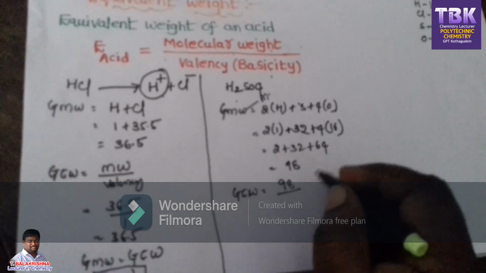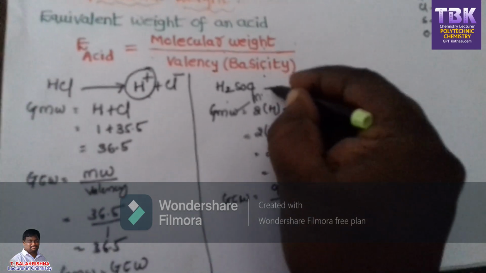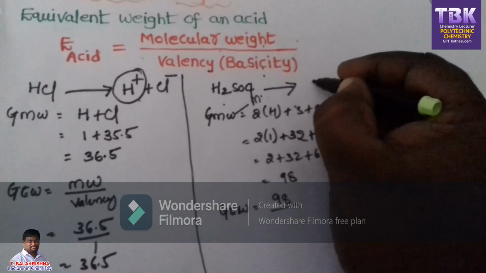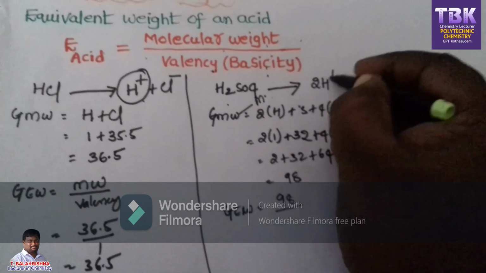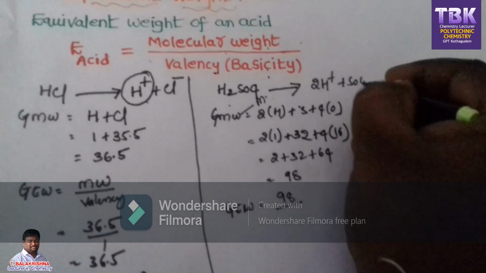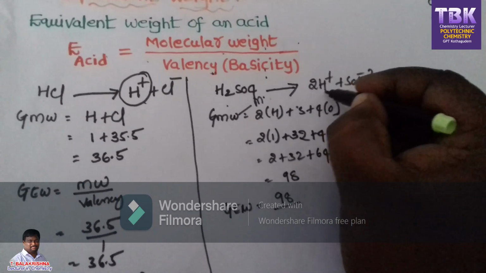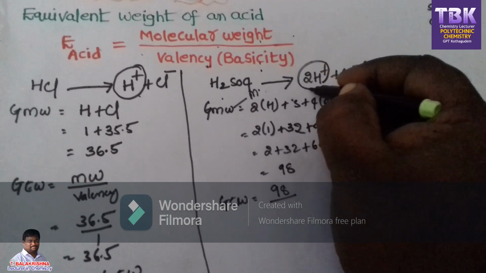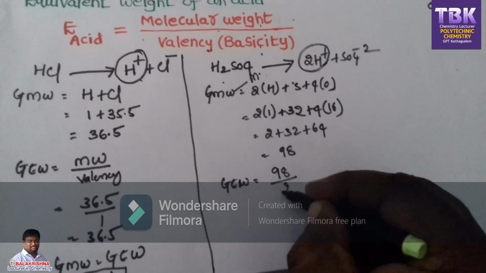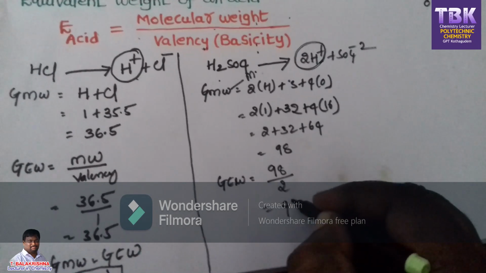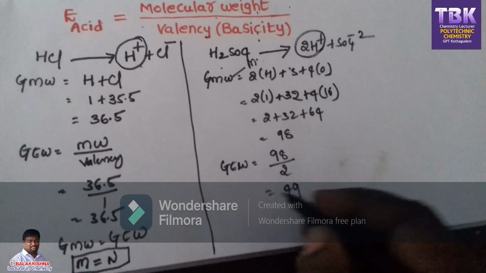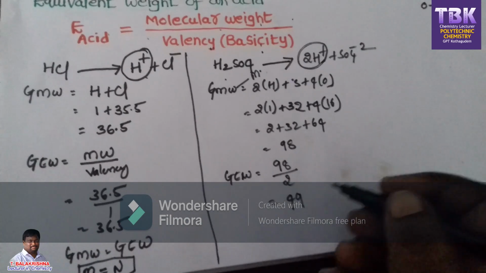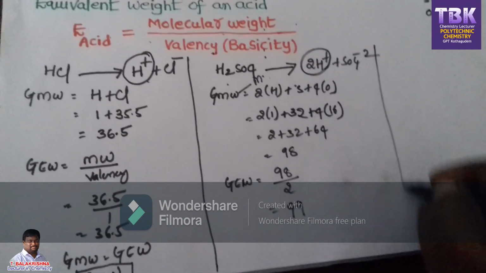Basicity means how many replaceable ions. Here it is split into 2H plus ions plus SO4 minus 2. So 2H plus, the number of replaceable ions is 2. So it is divided by 2, and you will get 49. So the gram equivalent weight of sulfuric acid is 49.